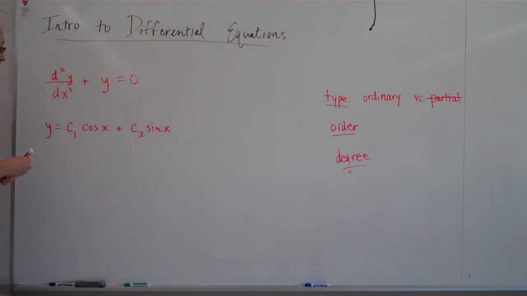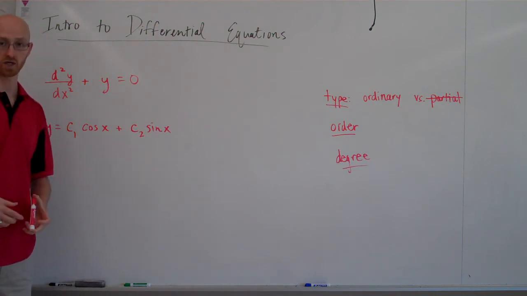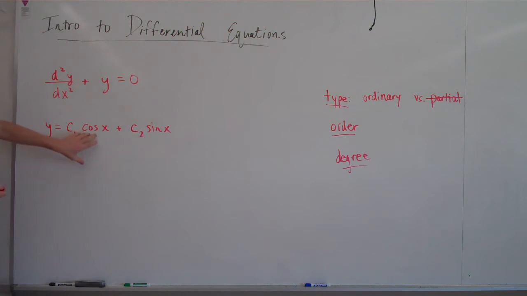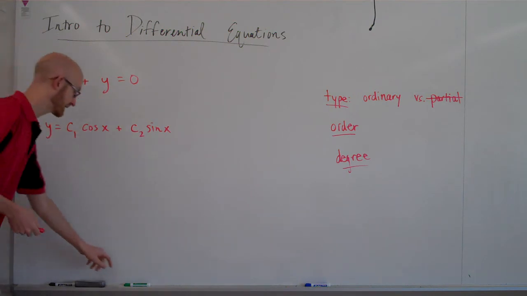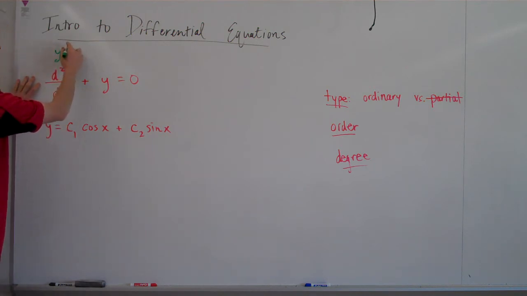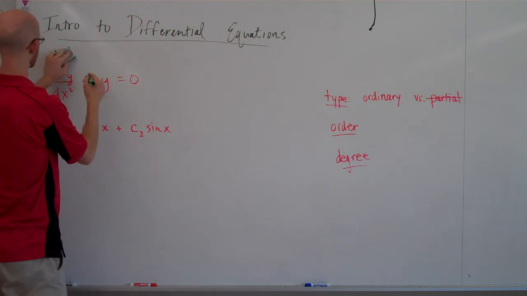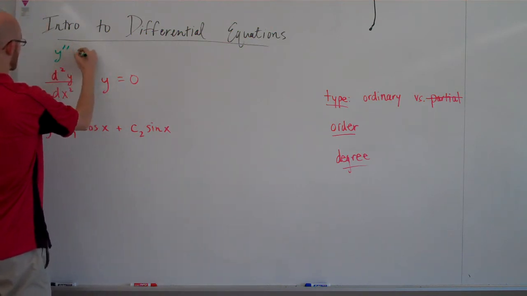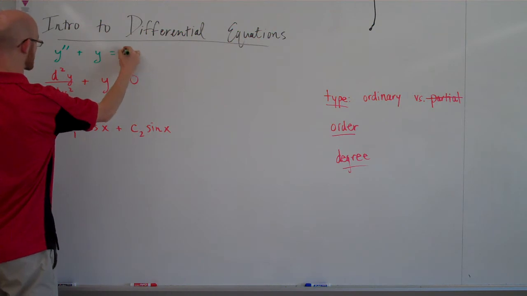Okay, that function, where C1 and C2 are just real number constants, is a solution to this differential equation. And if you're thinking, I have no idea how that works, well, let's look at its derivative. First of all, it might be useful for some of you to think of this as y double prime plus y equals 0.